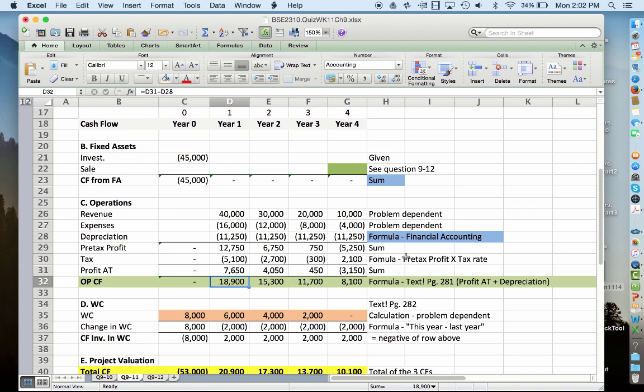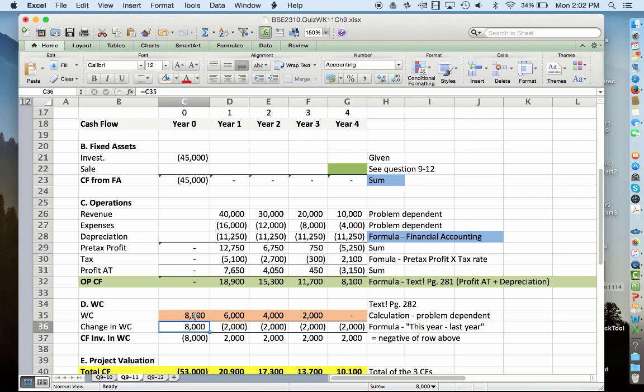Then I go to the next section, which is working capital, and I just pull that information from above. I have the 8,000, the 6,000, the 4,000, the 2,000. And then I do what we talked about, the change year over year. So if I go this year minus last year, 8,000 minus 0, that's a positive.